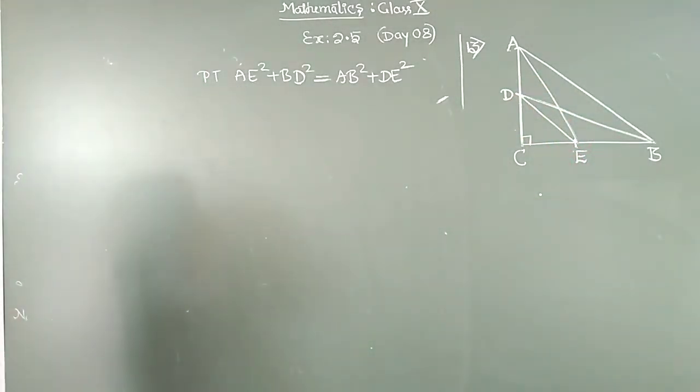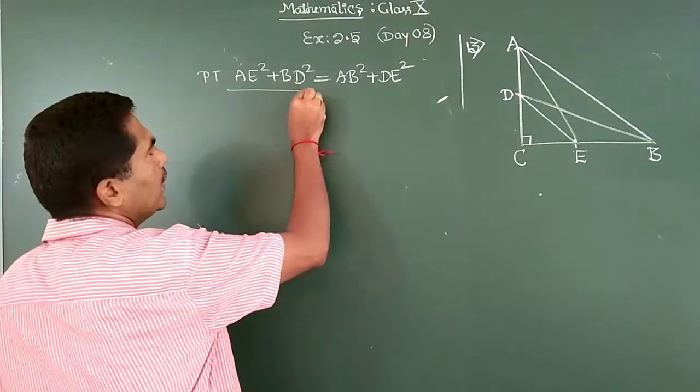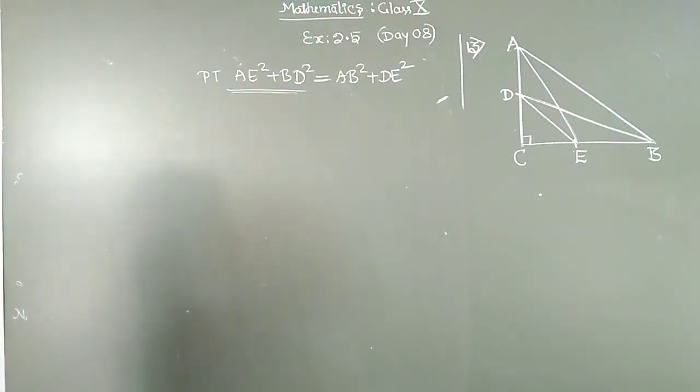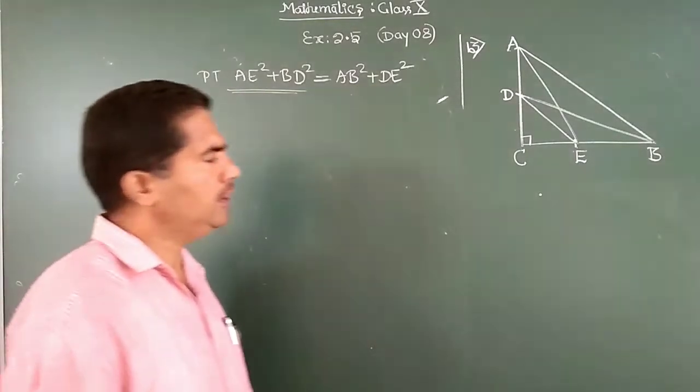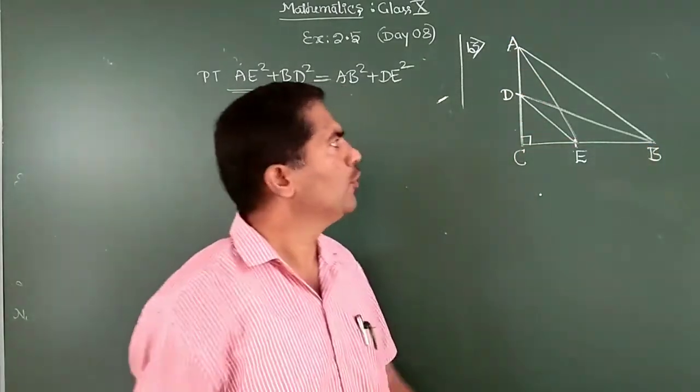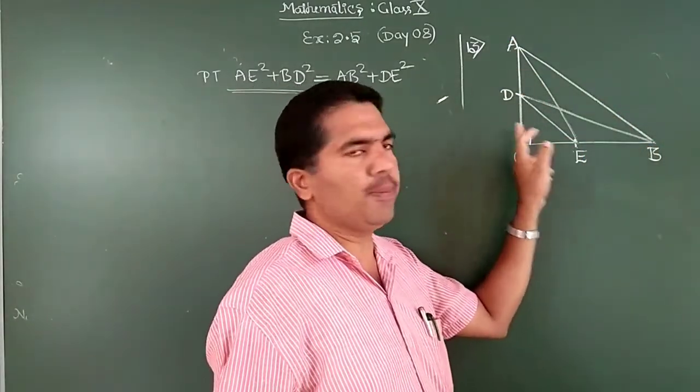There are many right angle triangles. Just observe. So how to prove them? Take LHS and prove RHS. That's what you are supposed to do. Before doing that, imagine the bigger triangle ACB is right angled. So AB square equals AC square plus BC square.